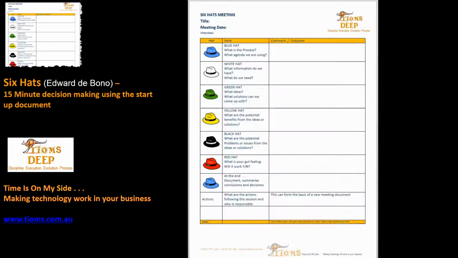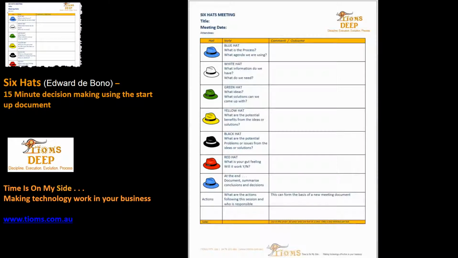Not physically, of course, but mentally you're all wearing the same hat at the same time. And what it does is makes you concentrate on that particular thing, and you're not allowed to bring up something that you would talk about with a different colour hat on until you change to that colour hat.